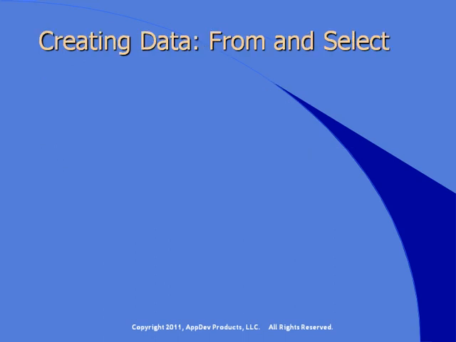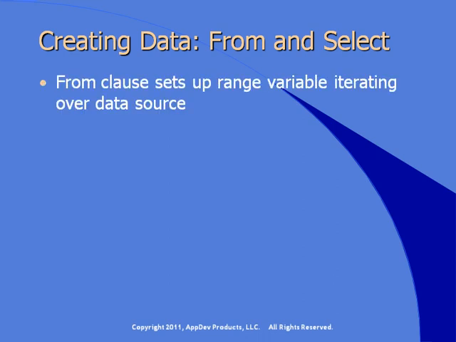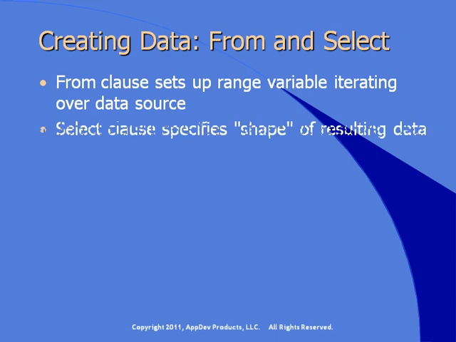In order to create XML data, we'll use the from and select clauses. The from clause sets up a range variable which iterates over our data source, which is our collection of XElements, and the select clause specifies the shape of the resulting data. In other words, it lets you project the data into a new format. The select clause always does that.